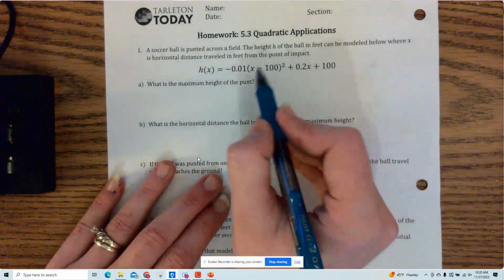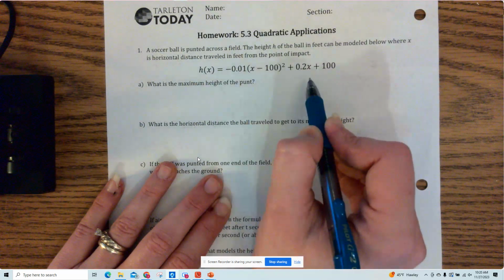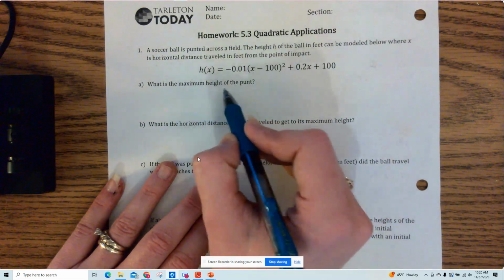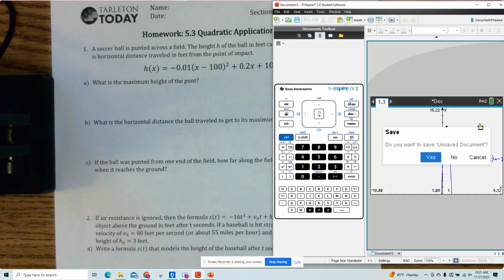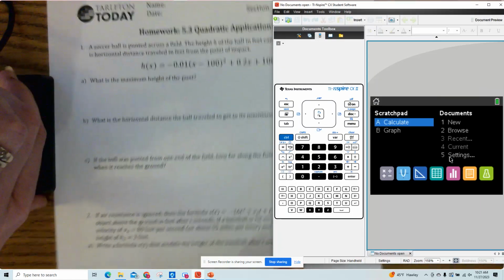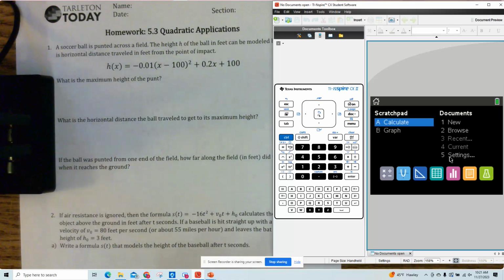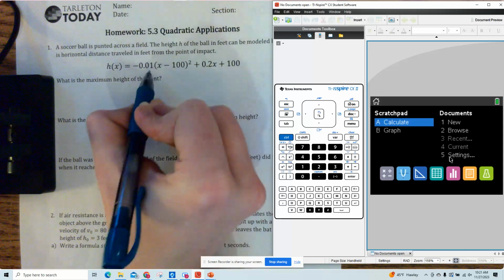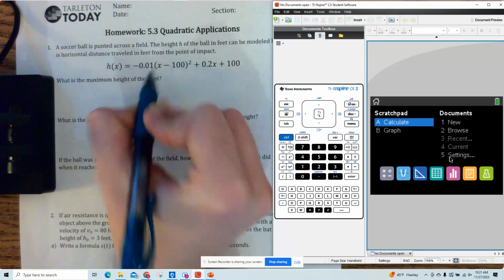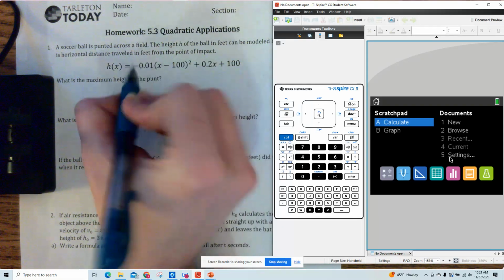All right, so this one's talking about a soccer ball. It says, what's the maximum height of the punt? So what I would do is graph this quadratic that they gave me. Now, your calculator is kind of finicky with parentheses. What math is happening when I have a number shoved up against parentheses?